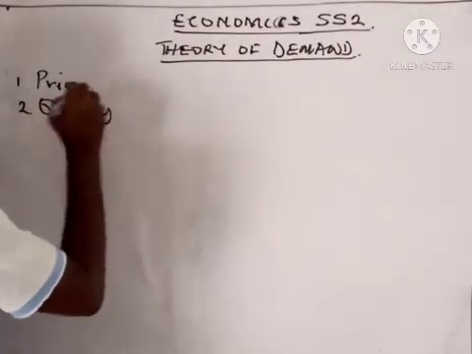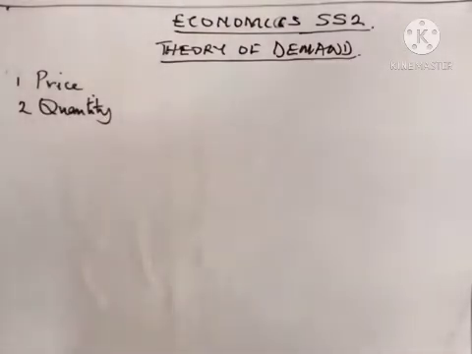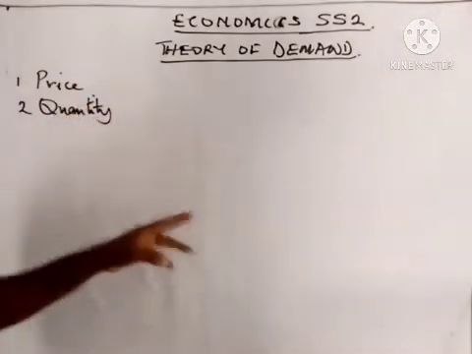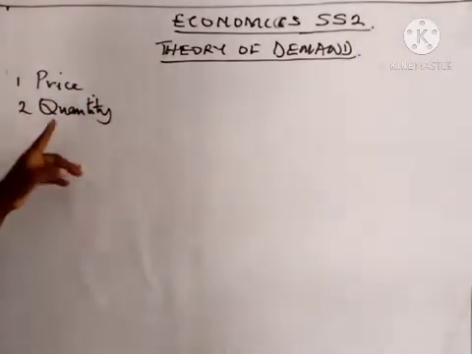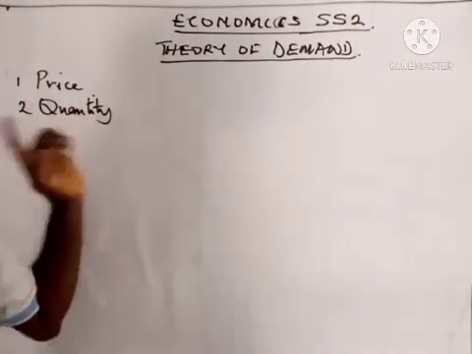So we talk about price, then we talk about quantity. Now, the number one thing that will affect our demand is the price of the commodity. If the price of a commodity changes, it automatically affects the quantity of products that a consumer wants to buy.